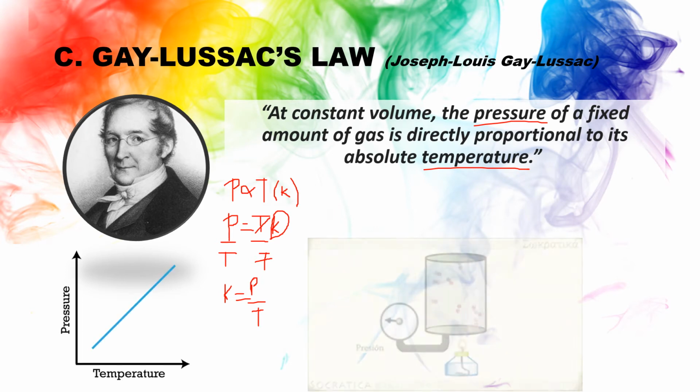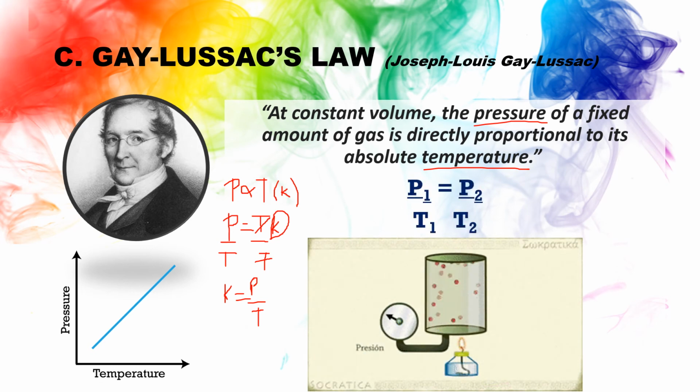Therefore, the final formula for Gay-Lussac's law is P1 over T1 is equal to P2 over T2.